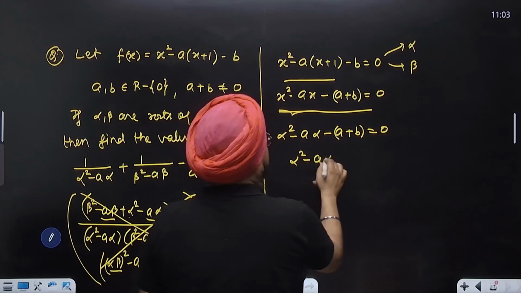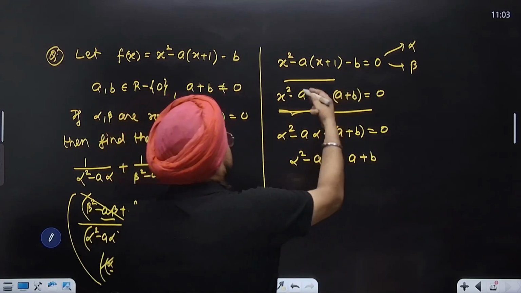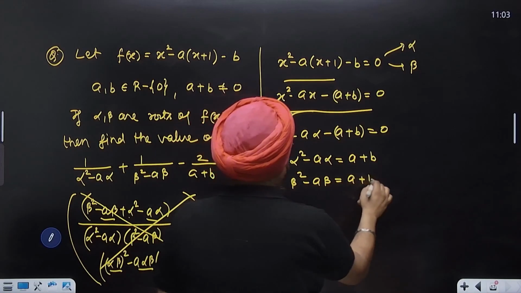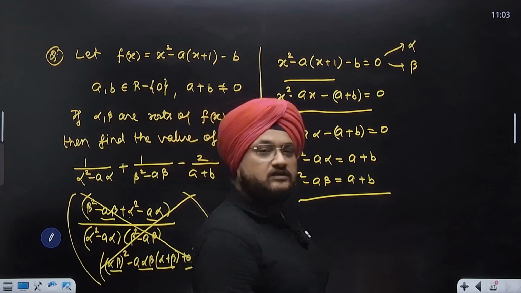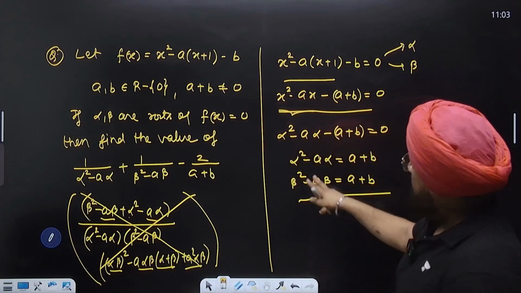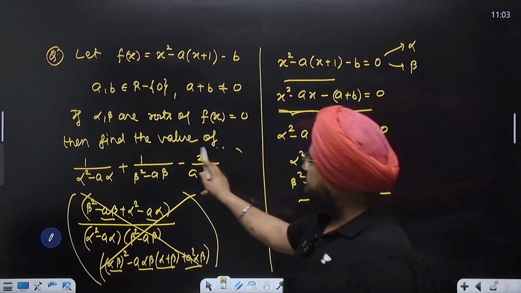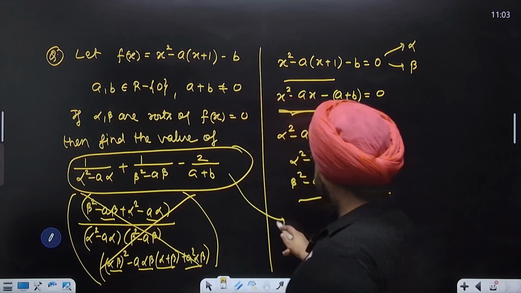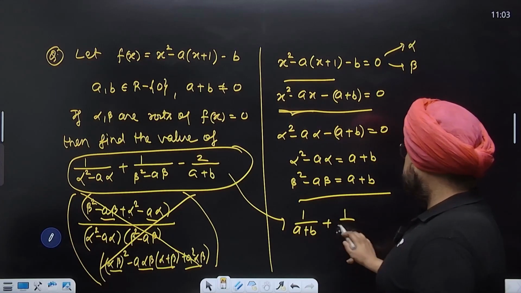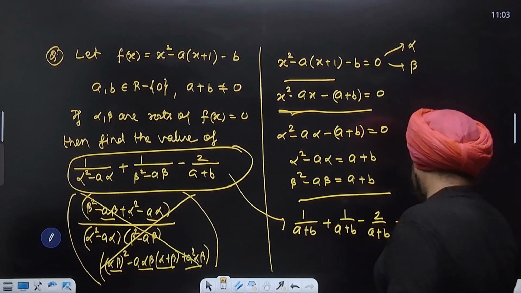From that, alpha square minus a alpha is a plus b. If we put beta, we will similarly get beta square minus a beta is a plus b. The question is done in two simple steps. Now we have to find the value of this expression. Alpha square minus a alpha is a plus b, plus a plus b, minus 2 upon a plus b. This will become 0.